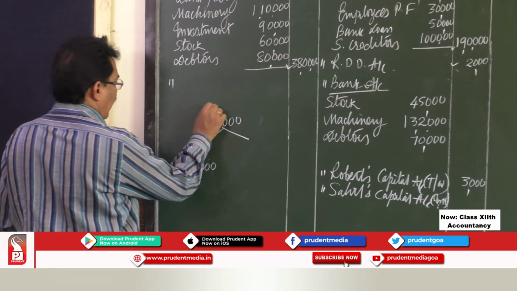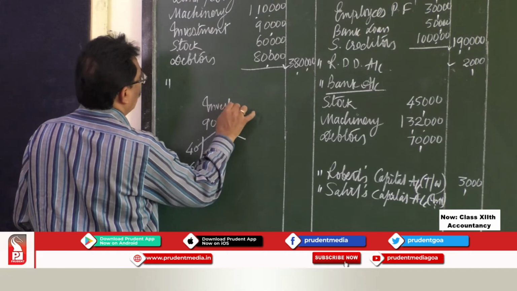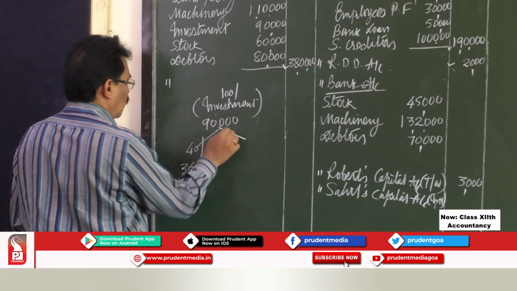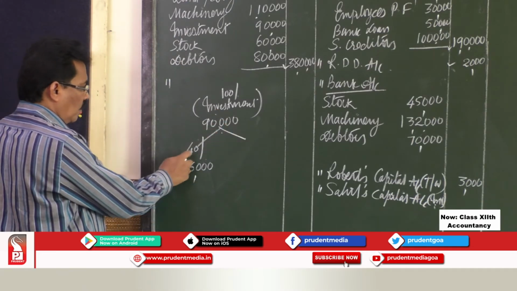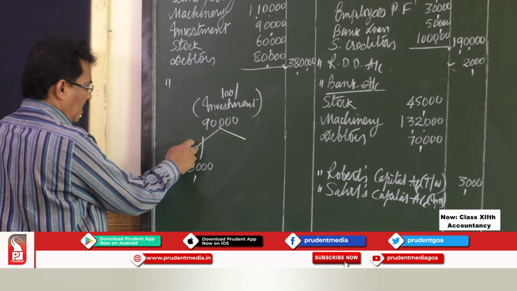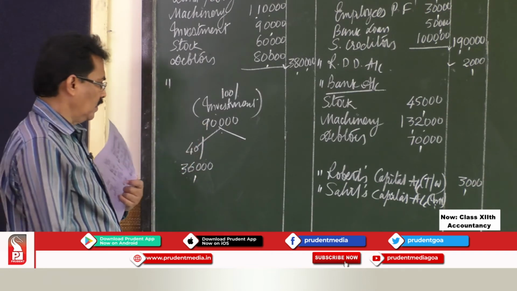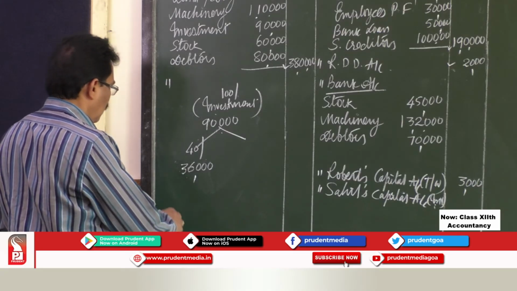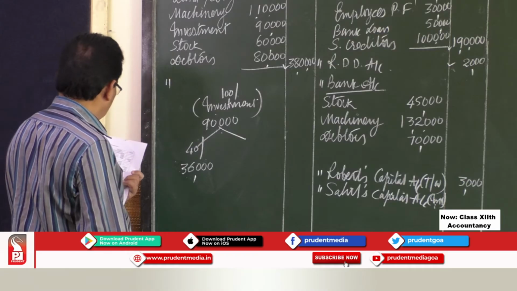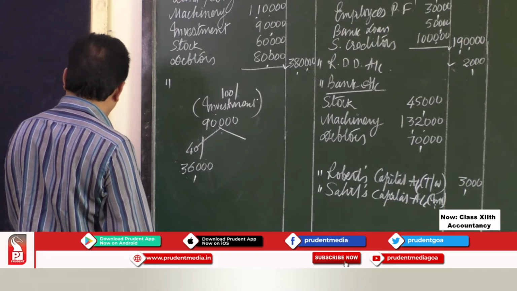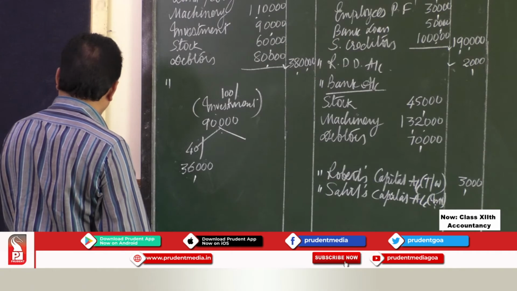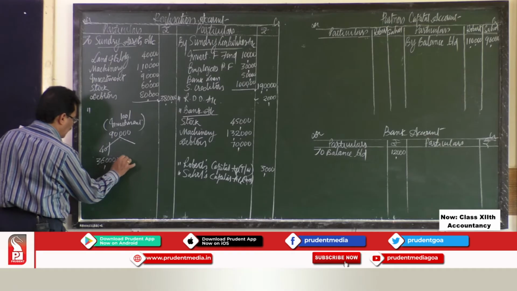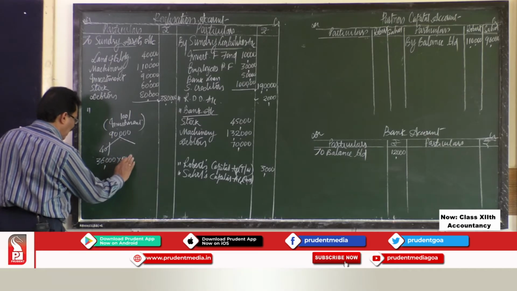Your total investment, 100%, was 90,000. Out of this, 40% of 90,000 is 36,000. So this is taken over by the partner. He took it at a discount of 15%. So 15% discount means he took it for 85%.